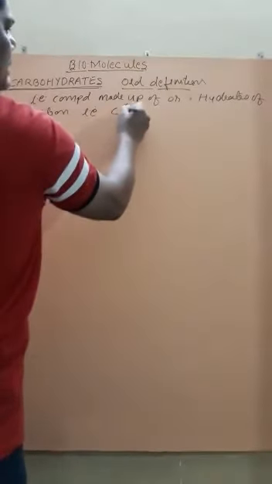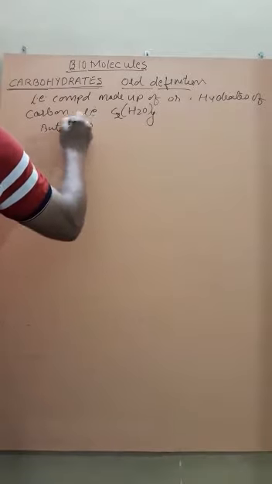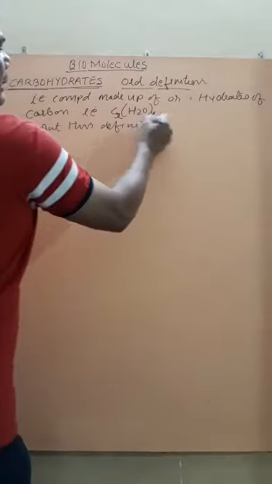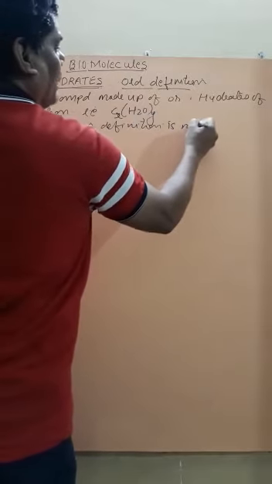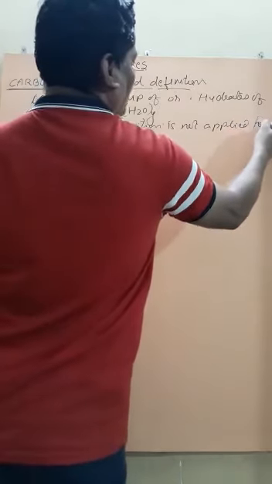Hydrates of carbon means carbon and its hydrate H2O, and the general formula is given as CxH2Oy. But this definition is not applied for all molecules.